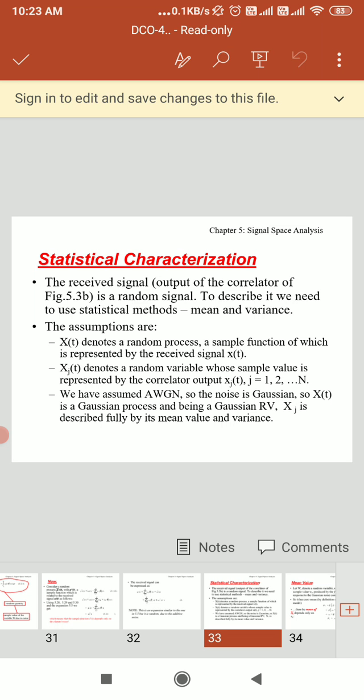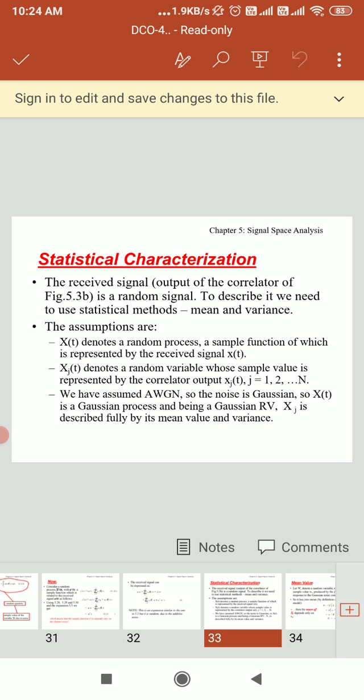So here we are supposed to consider some assumptions. These assumptions are: x of t will denote a random process, a sample function of which we are representing by the received signal x of t.